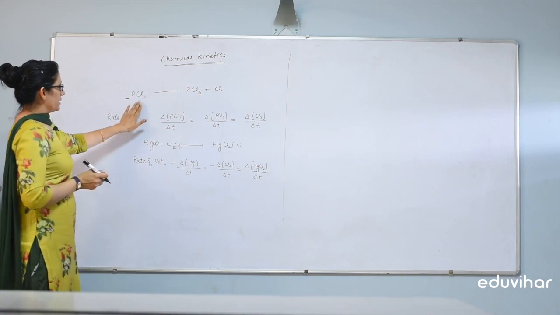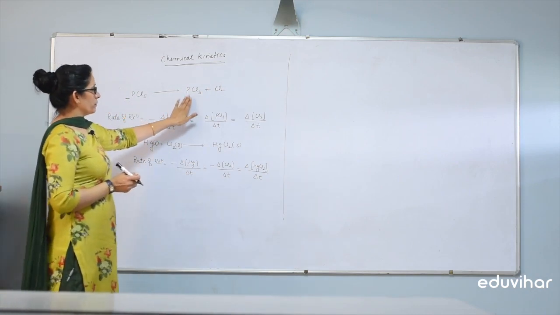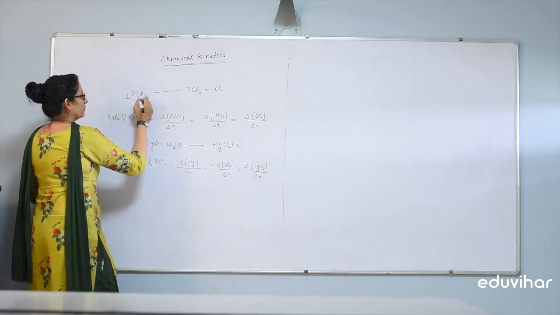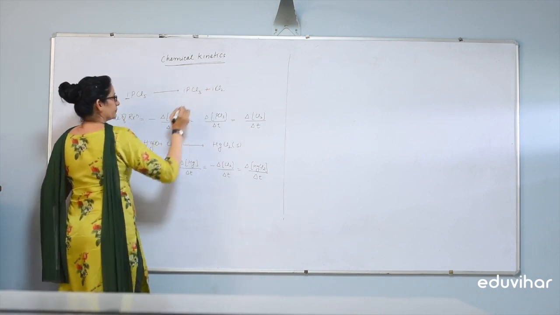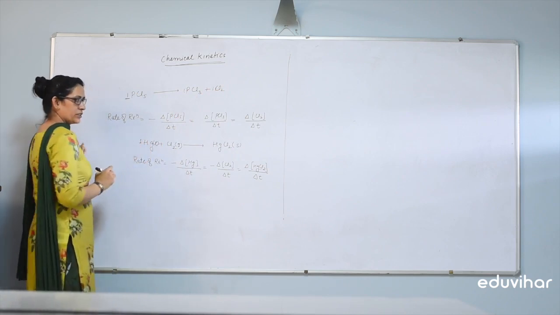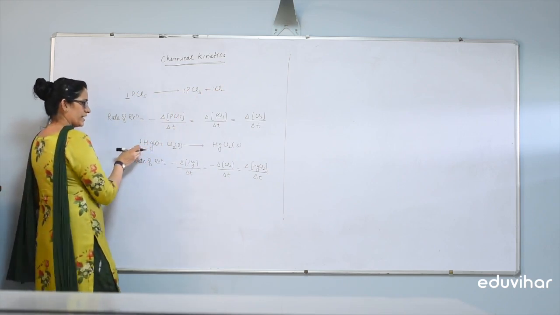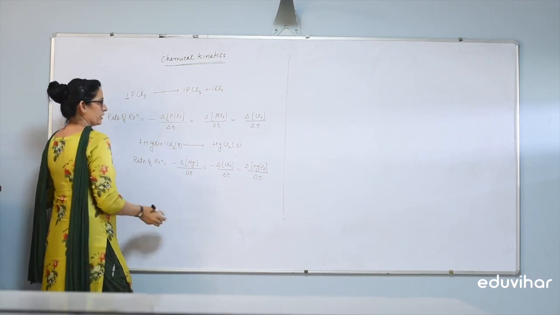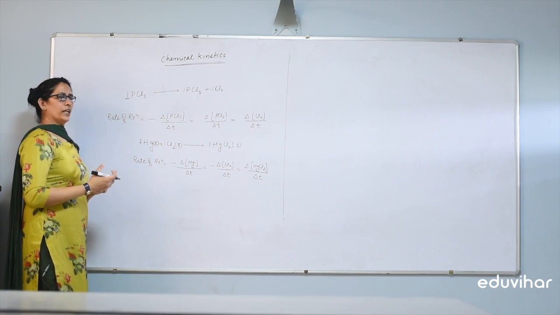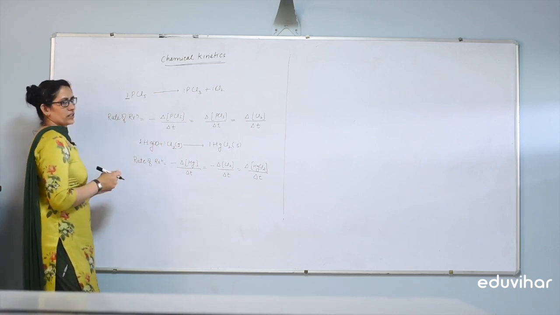In the first reaction, PCl5 changes into PCl3 plus Cl2, the stoichiometric coefficient is 1, 1, 1. Same in the second equation, the stoichiometric coefficient of mercury is 1, chlorine is 1, HgCl2 is 1. There is no problem in writing the rate of reaction.